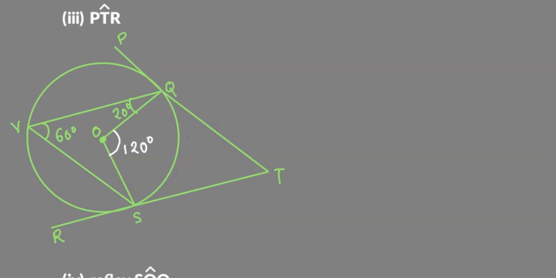Now if we look earlier in this video, I think in the first question, we looked at the angle here plus the angle here is supposed to give us 180 degrees. Therefore, PTR plus the angle QOS is supposed to give us 180 degrees.